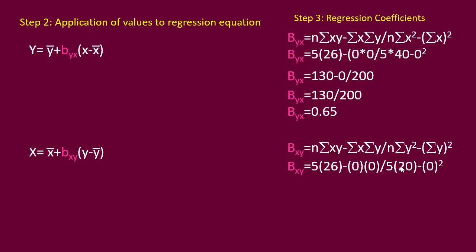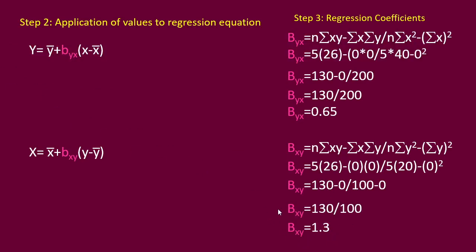So we have found in the table summation y square is 20 minus summation y that is 0 or summation dy that is 0. Now 26 into 5 is 130, 0 into 0 is 0. 5 into 20 is 100, 0 square is 0. Then bxy equals 130 divided by 100, so it is 1.3.